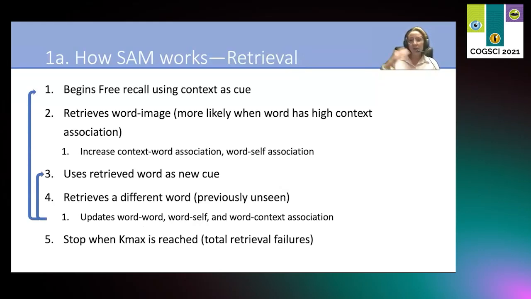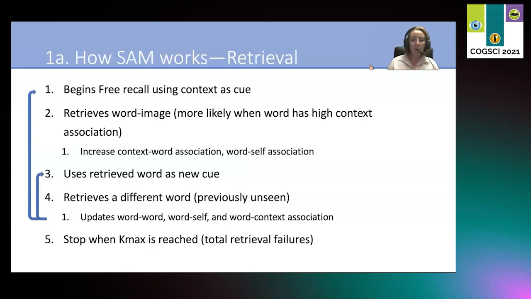Okay, so once the model has encoded, it goes into the retrieval phase. Here's a flowchart of what's happening during retrieval in SAM. The model begins free recall by using context as a cue. In this phase, words that are retrieved are likely to have high context association, so these are words that were in the buffer for a really long time.